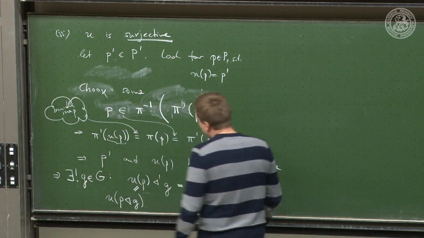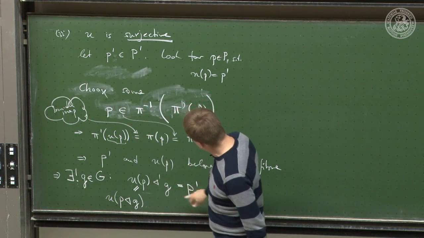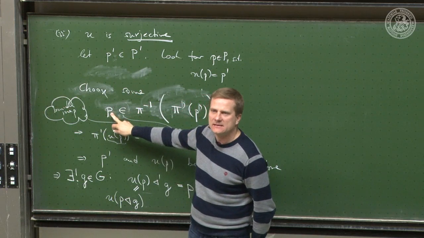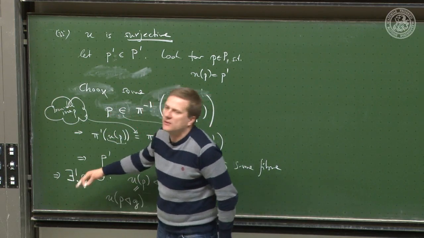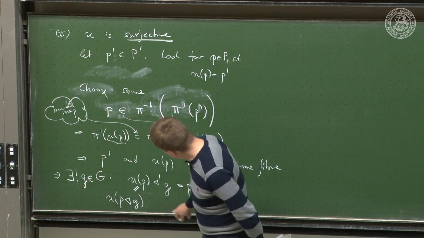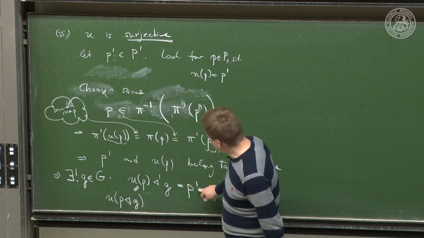Why are we done? Well, we started with an arbitrary p prime element in here, okay? And we chose some element p that exists. And we know there exists a unique, well, at least there exists some g in G that satisfies this equation: u of p acted on by g is p prime.